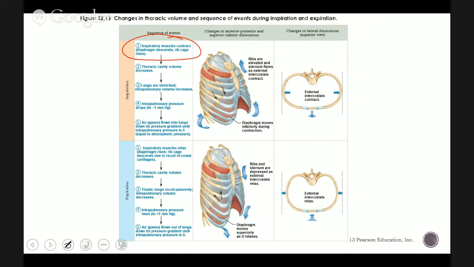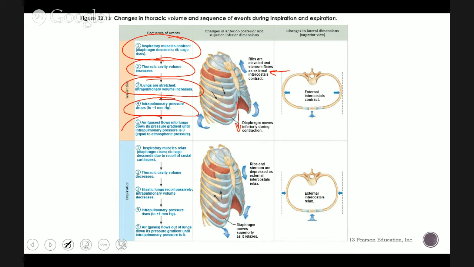You can see that we have the external intercostals contracting, which pulls the ribs outward and up. So if we're pulling the ribs up and outward, we're increasing the volume of the thoracic cavity, and the diaphragm descends too. So the thoracic cavity volume increases. The lungs will bring the air in.